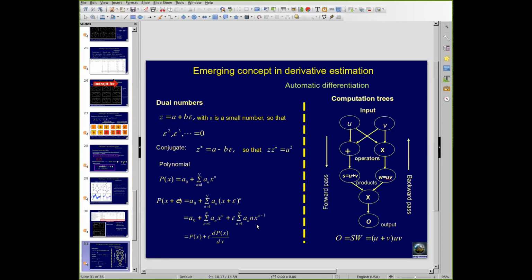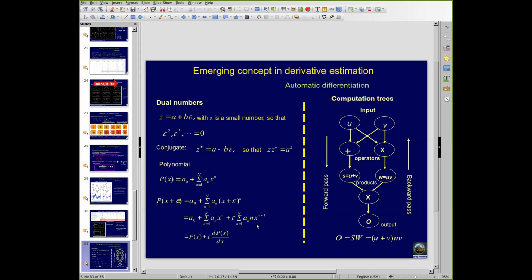We are talking about deep learning, we are talking about machine learning. So in that emerging concept, a new approach we call automatic differentiation. And there is a new concept coming, which we call the dual number system. Dual numbers are somewhat akin to imaginary numbers, though not exactly.